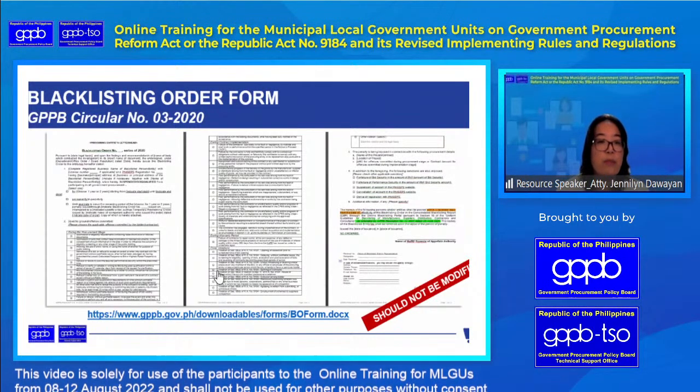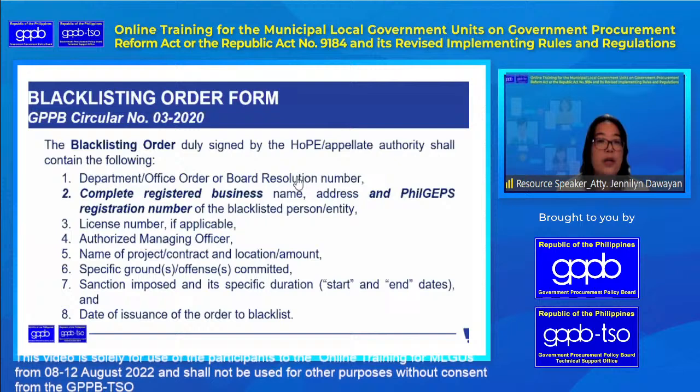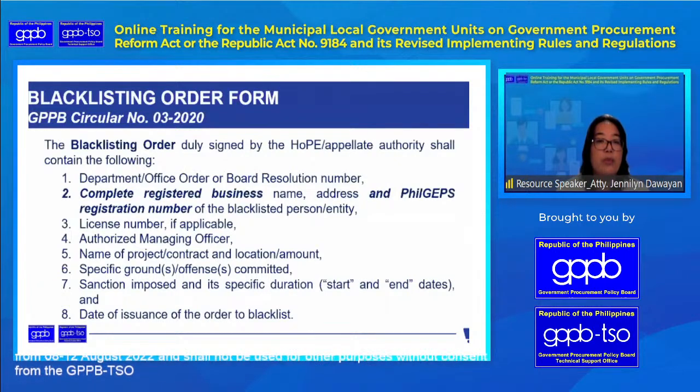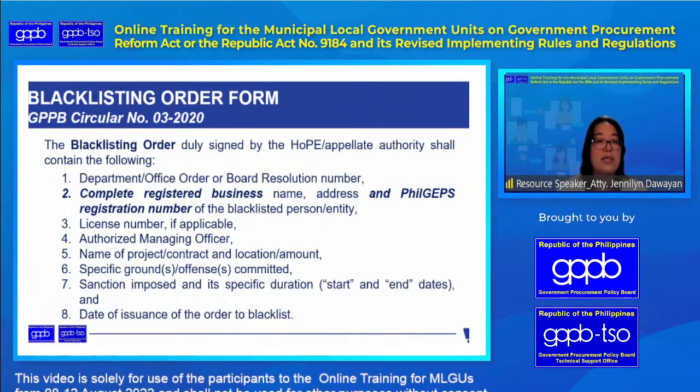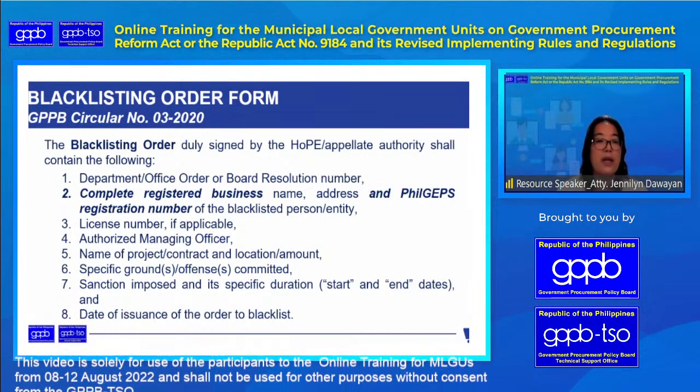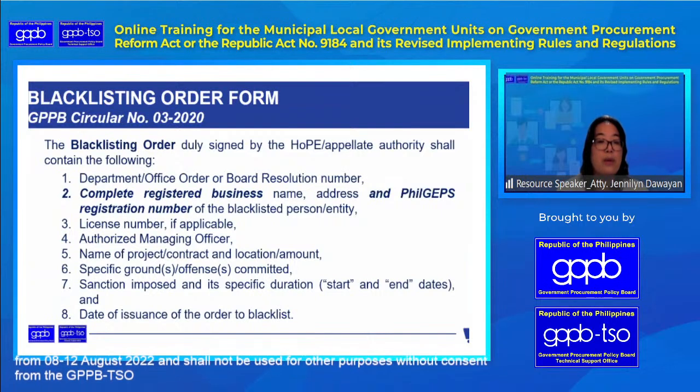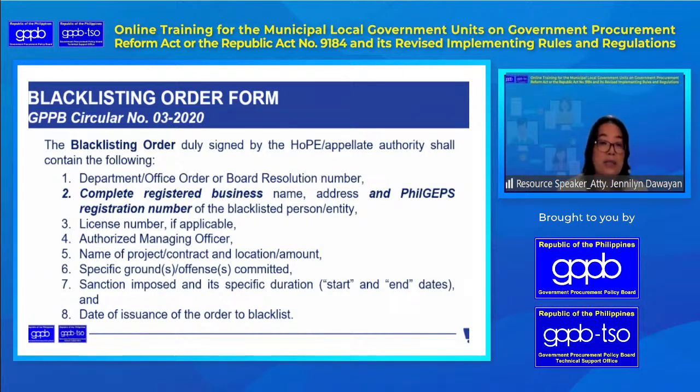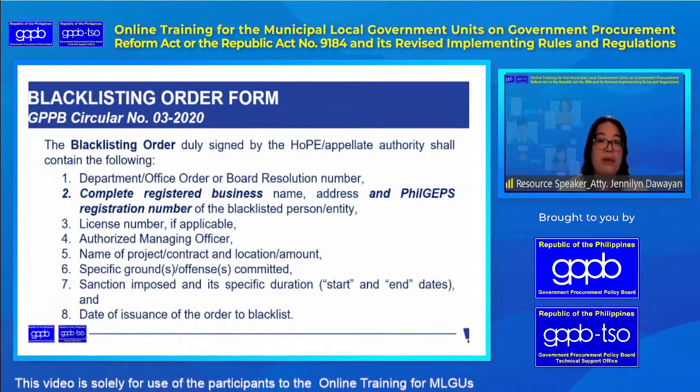So ito po yung form, ano po yung order ng board or board resolution number, ano yung complete registered address, license number, AMO, ano yung pangalan ng project, saan located at anong amount, ano yung specific offenses that are committed, ano po yung sanctions that will be imposed, like blacklisting ba siya, 1 year, specific duration, ilalagay yung date, and then of course yung issuance of the order of blacklisting, no? Kasi within 3 days, di ba?